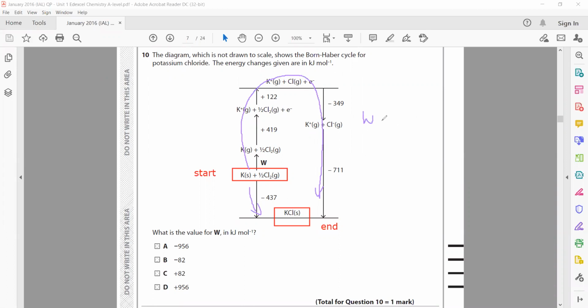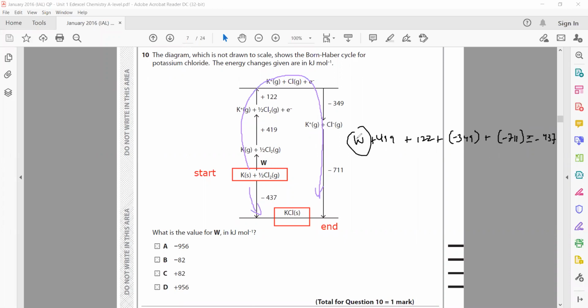So when we write the equation, W plus 419 plus 122, plus the values, but because the value is negative, it is W plus 419 plus 122 plus minus 349 plus minus 711, which equals minus 437.